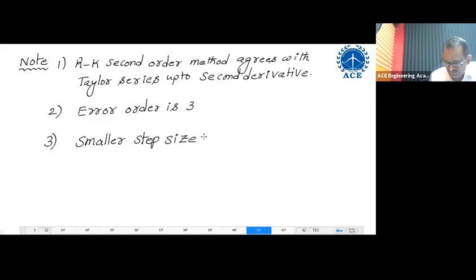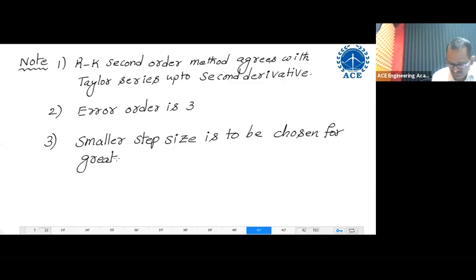Small step size is to be chosen for good accuracy, for greater accuracy.